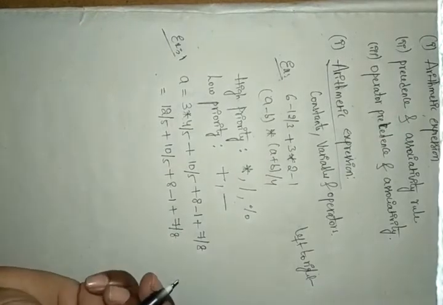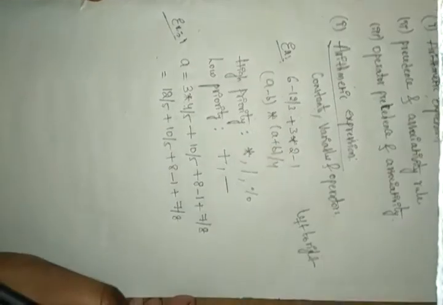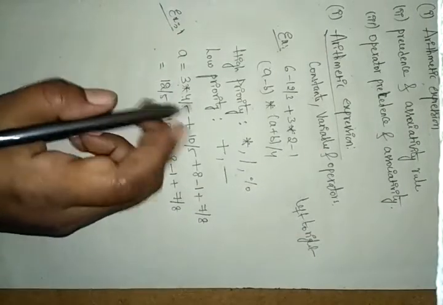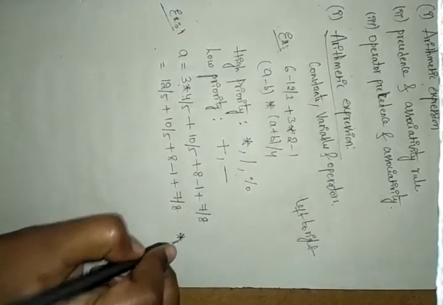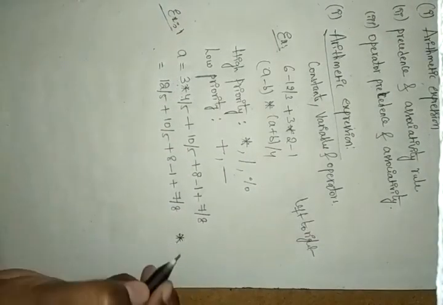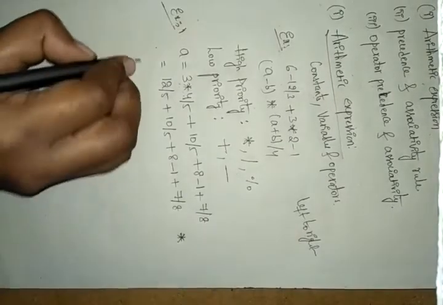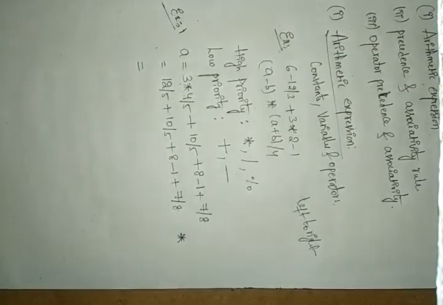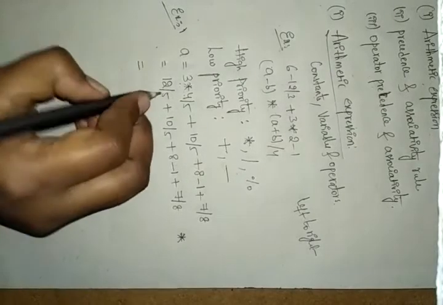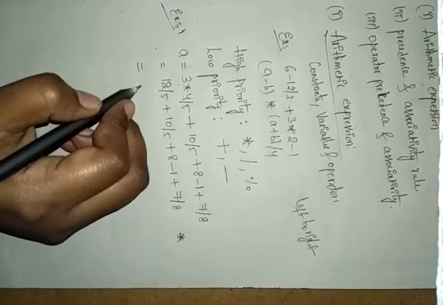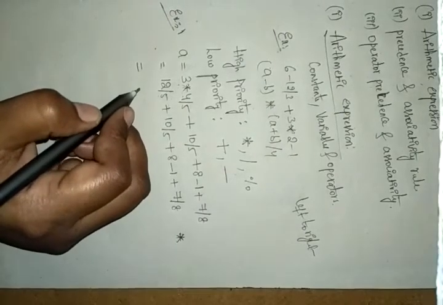Here what have we done? We gave the highest precedence to the multiplication, and next we give precedence to the division. 12 by 5: is this possible?